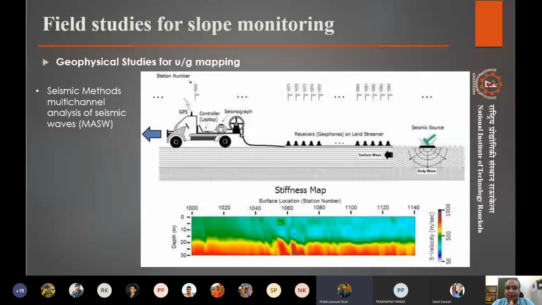Sir, mainly there are two types of waves: P waves, that is primary waves, and secondary waves. Normally in a seismograph, two recordings are received, from body waves and from surface waves.